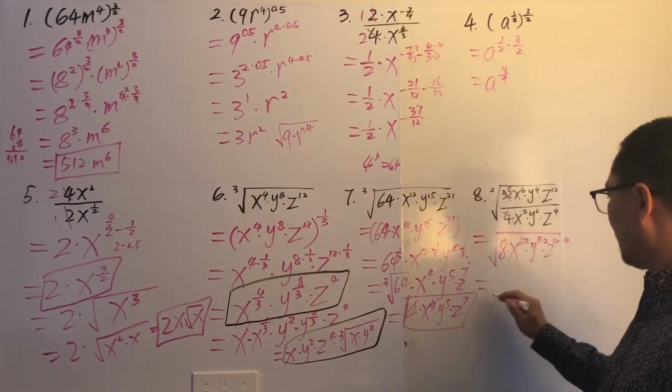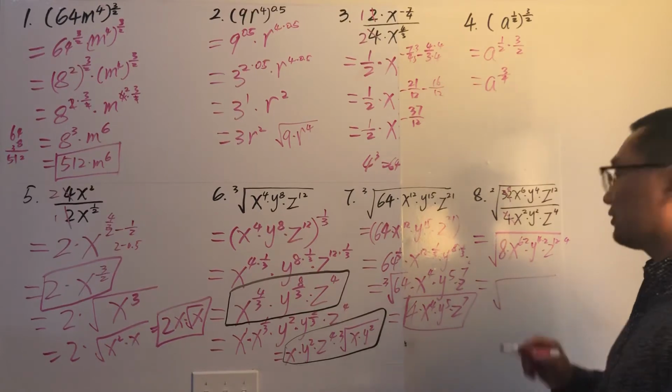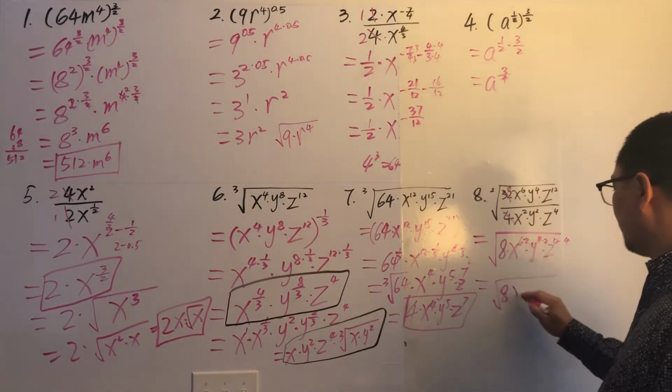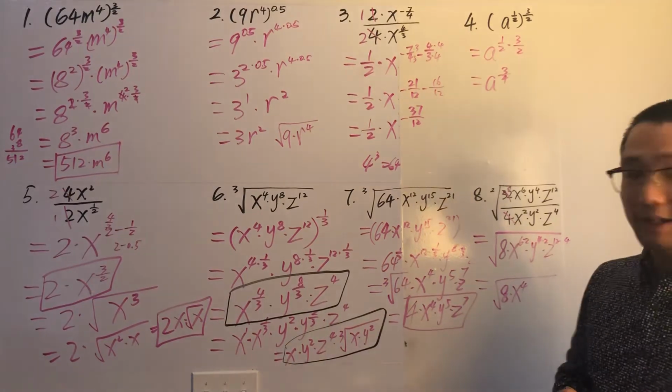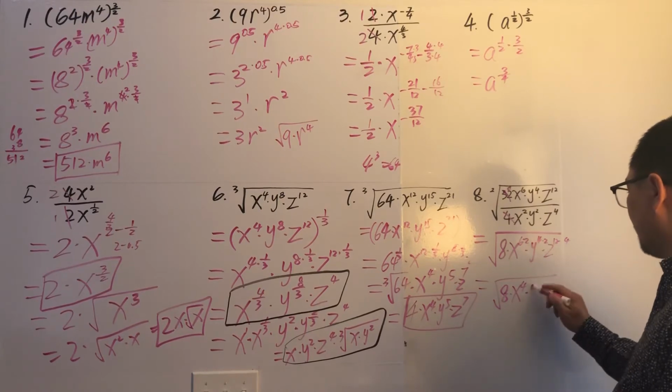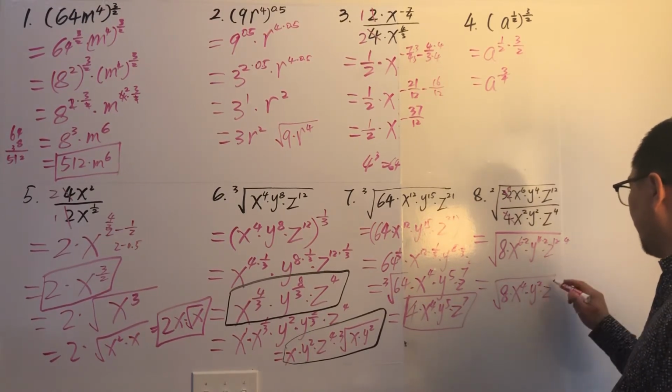So now finally you have square root inside, 8 times x to the 6 minus 2, that means it's 4, right? And then times y to the 4 minus 2 is 2. And times z, 12 minus 4 is 8.